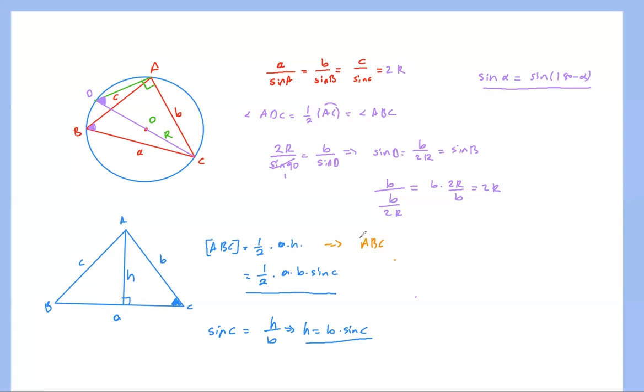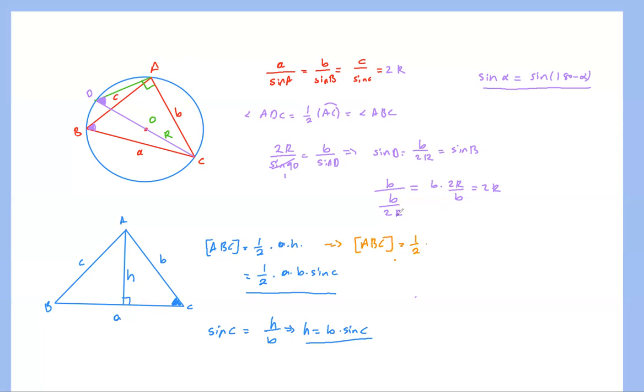The area of triangle ABC is equal to 1/2. My goal is now to find the area of the triangle just using the sides ABC plus the radius of the circumscribed circle, just to see if there is a relation between those.